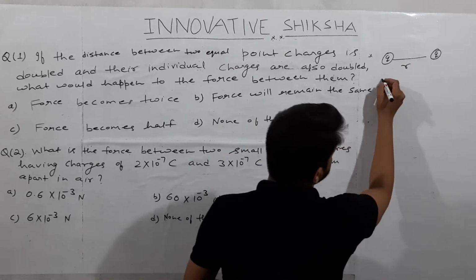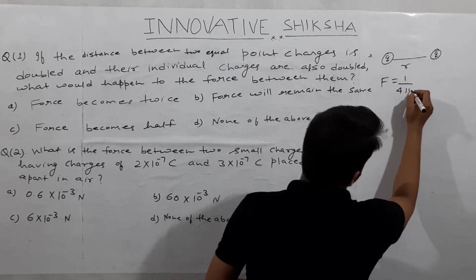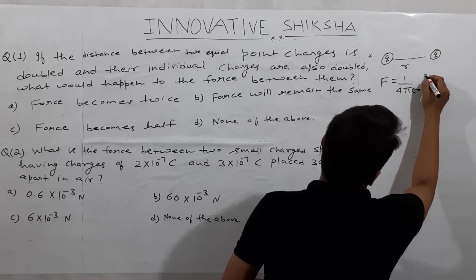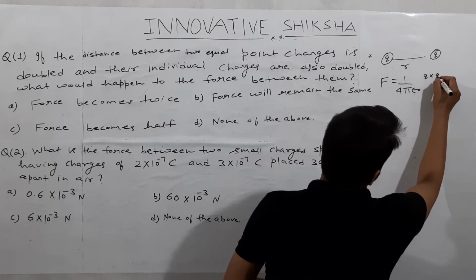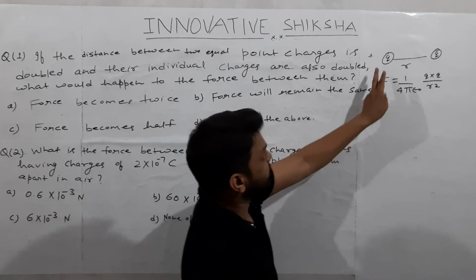In this case, what is the electrical force between these two? The force would be 1 upon 4 pi epsilon naught q1 into q2 upon r square, right? So this will be the force.